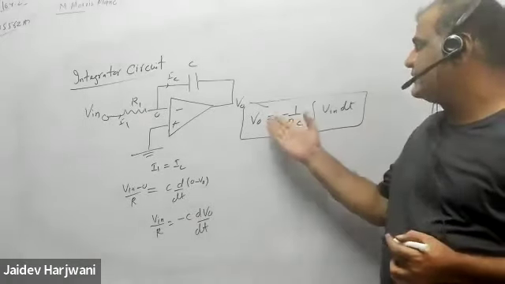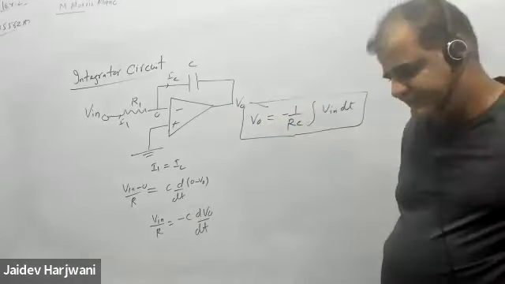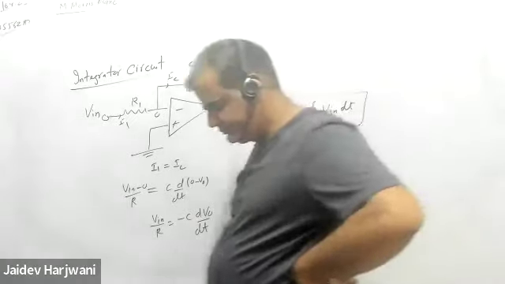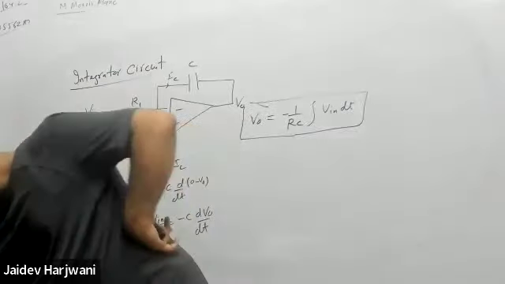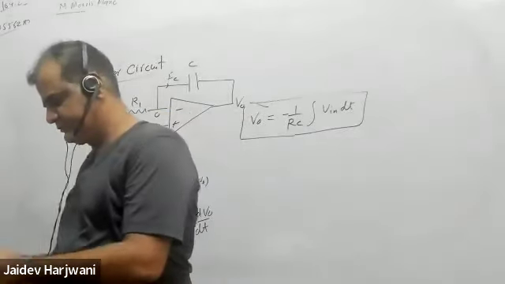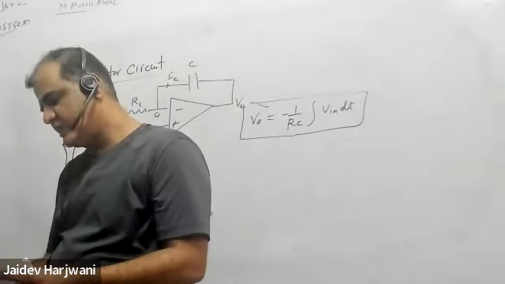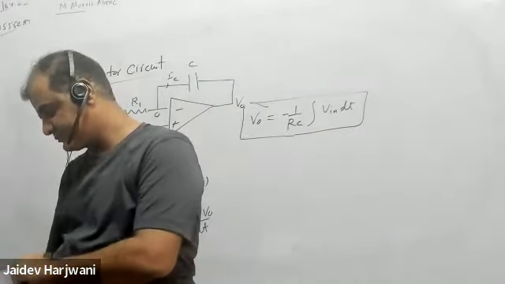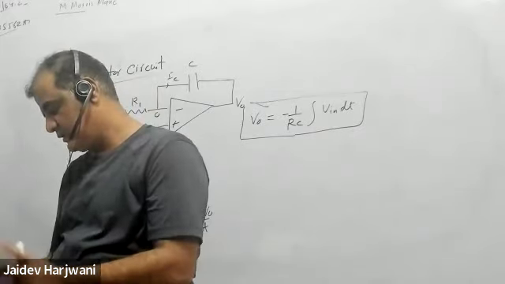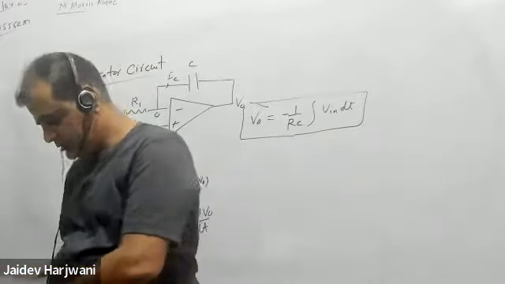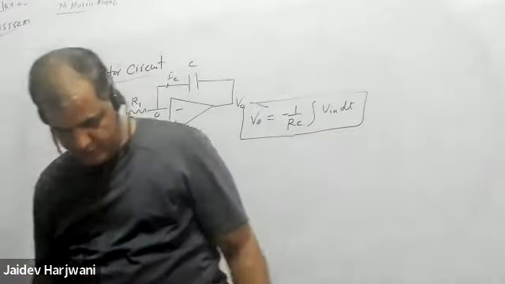So if you put a square wave, you get a triangular wave. If you put a sine wave, you get cos, sine with sine. Problems we see later.